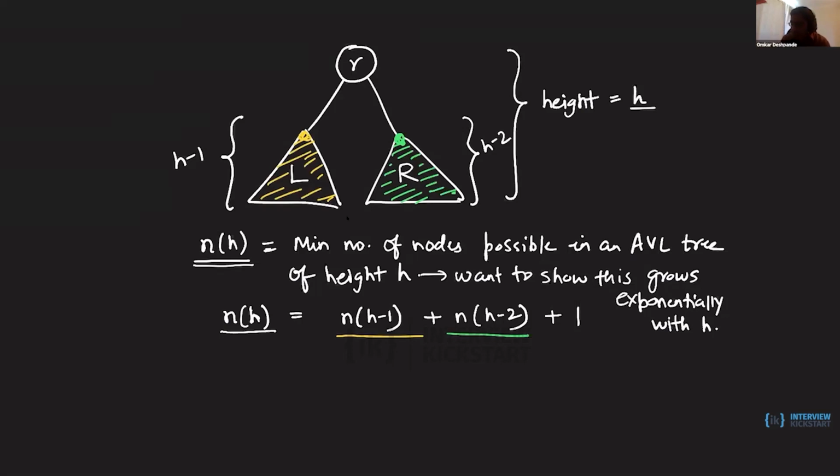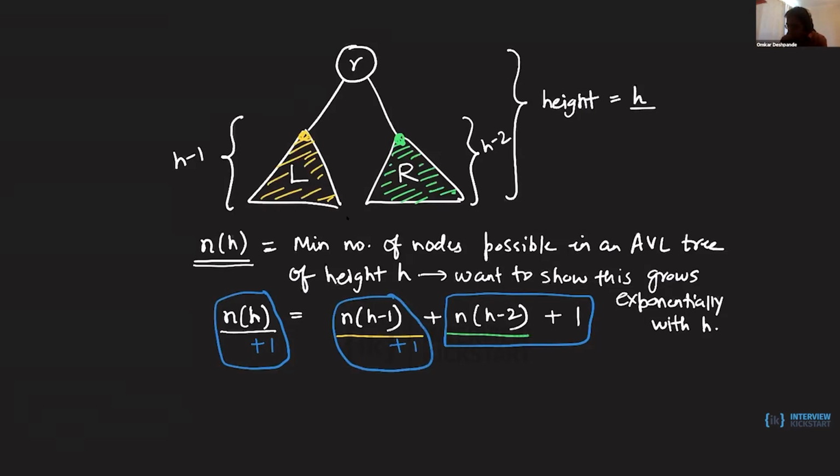But we can actually make a small tweak to transform this recurrence into a Fibonacci recurrence. So let's say I add plus 1 here and I add plus 1 here, and I have this plus 1 there. So I have n of h plus 1 is n of h minus 1 plus 1 and n of h minus 2 plus 1.